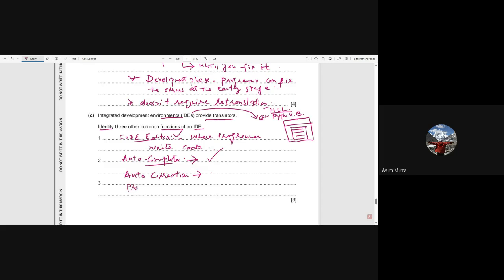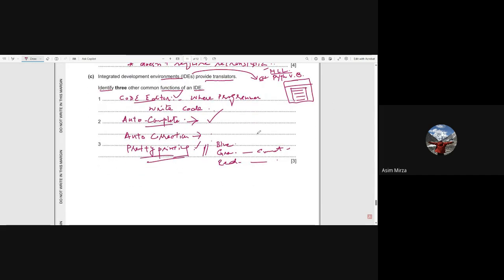Another feature is pretty printing, which means some of the code you are writing may be in blue color, green might be used for the comments, and red can be used for different purposes. That helps you to identify the code easily. That's why it is introduced in normally every high-level language, right?